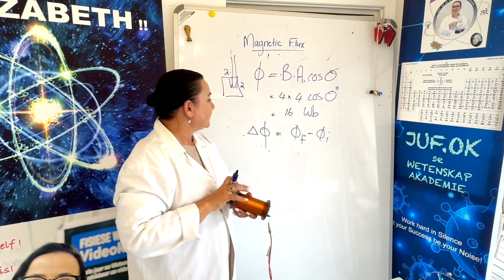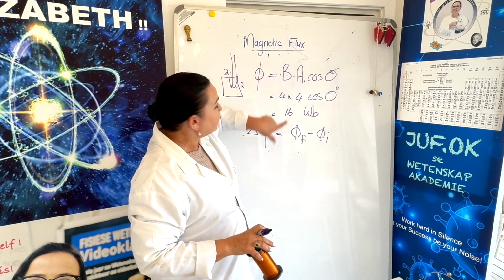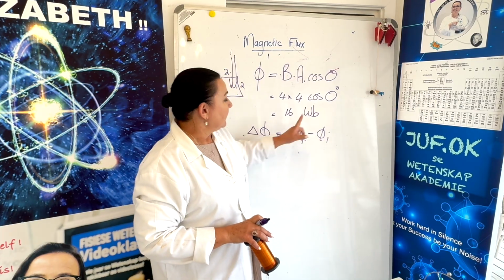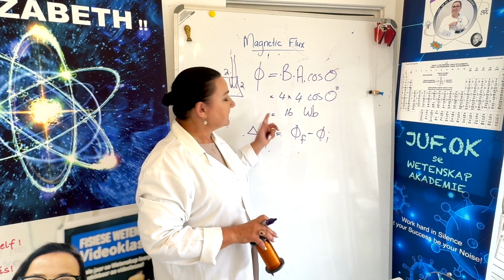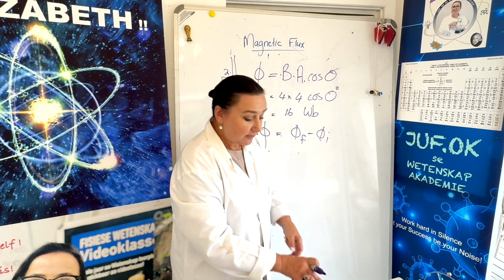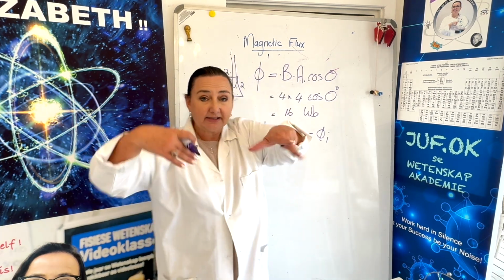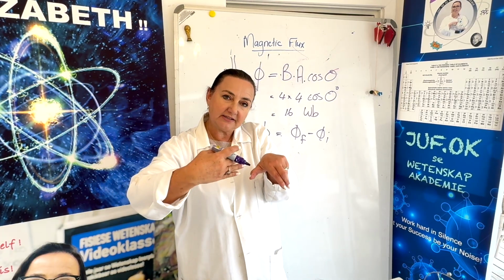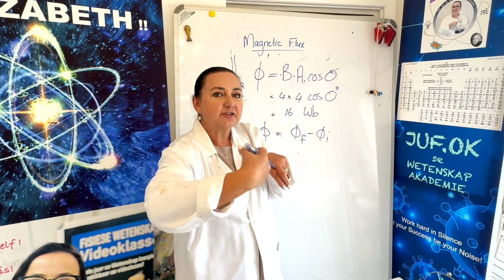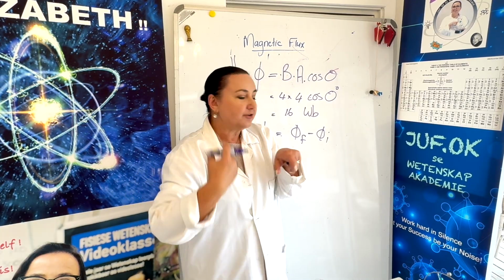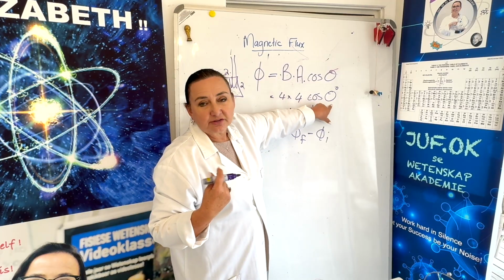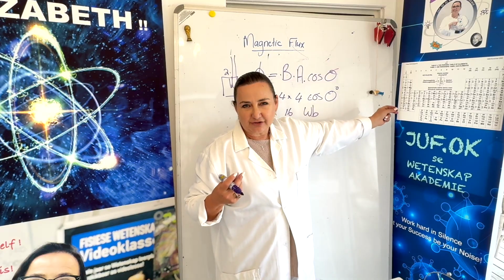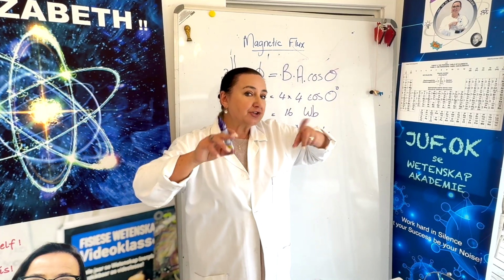And the moment there's a change, I'm going to first say what was my initial magnetic flux, what is my final magnetic flux, and work that out. Or they could say the magnetic field comes with an angle of 30 degrees and it changes to 0 degrees. So there's going to be a change in BA cos 30 degrees minus BA cos 0 degrees. So there has to be a change.